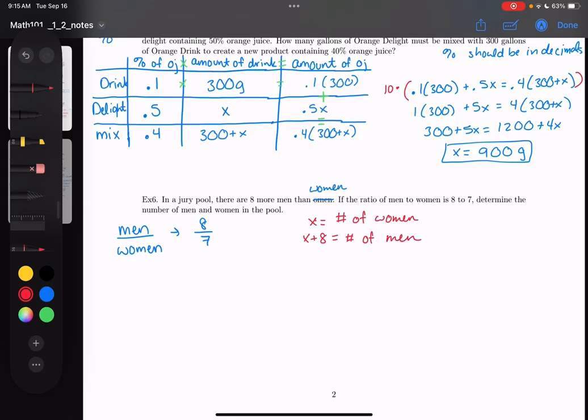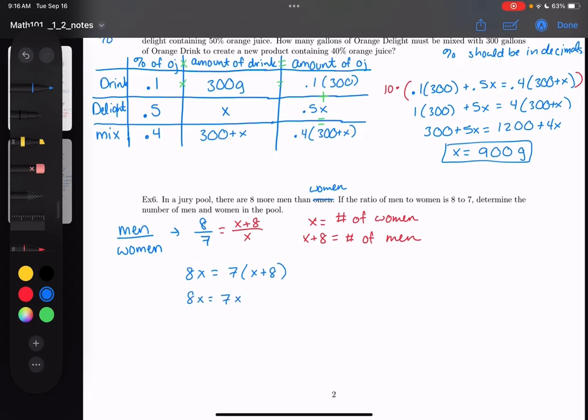If I set up this proportion, I have the number of men at the top, which is x plus 8, and the number of women at the bottom, which is just x. To solve this, you can multiply each side by the denominators, or think of it as cross multiplying. You get 8x equals 7 times x plus 8.